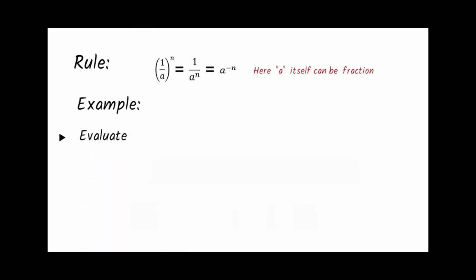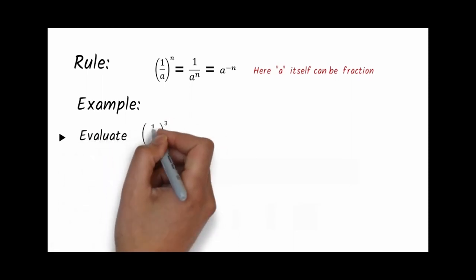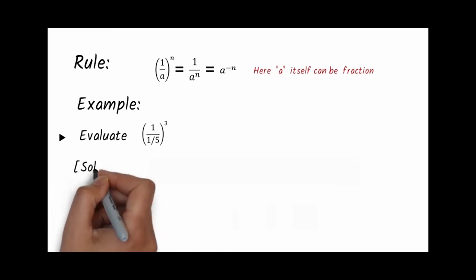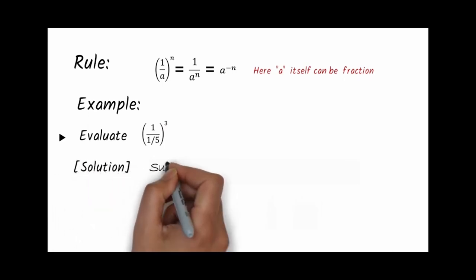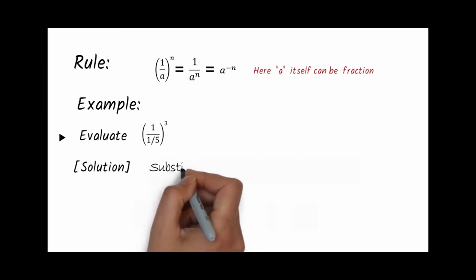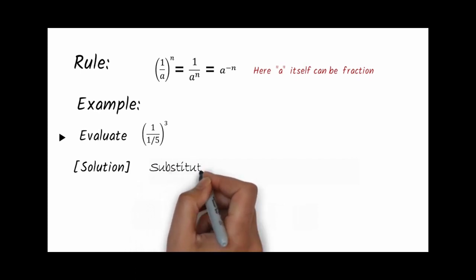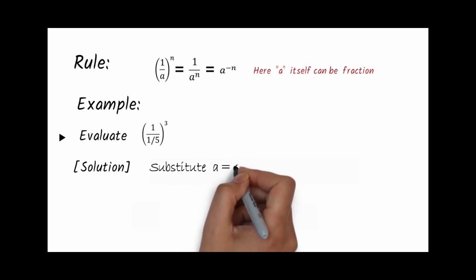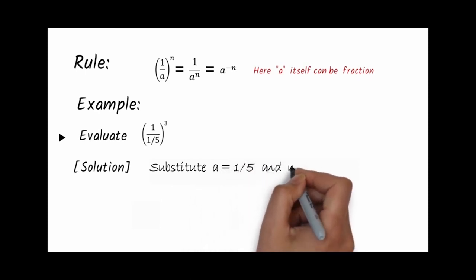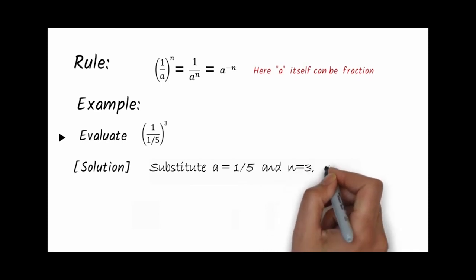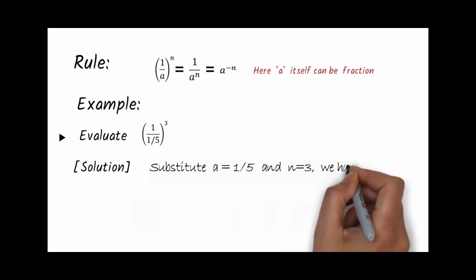Say that I have 1 over 5, the whole thing raised to the power of 3, and we want to evaluate this expression. So here, referring back to the rule, if we do a reverse substitution, the letter a in the rule is equal to 1 over 5 in our example.